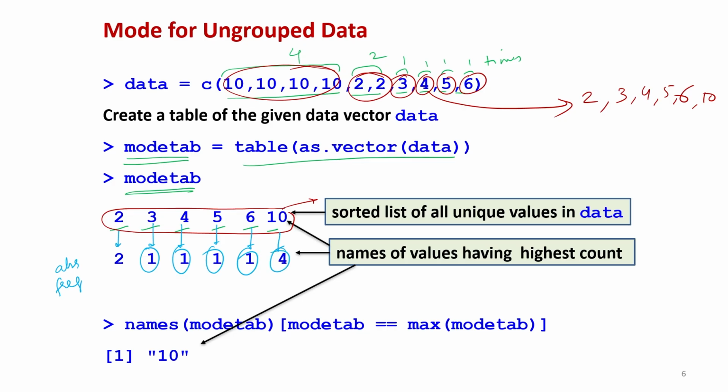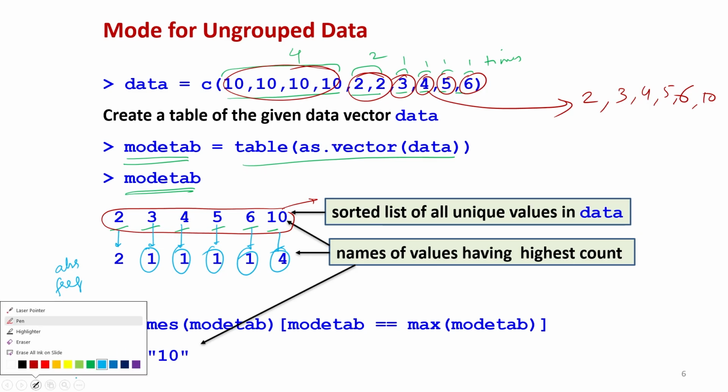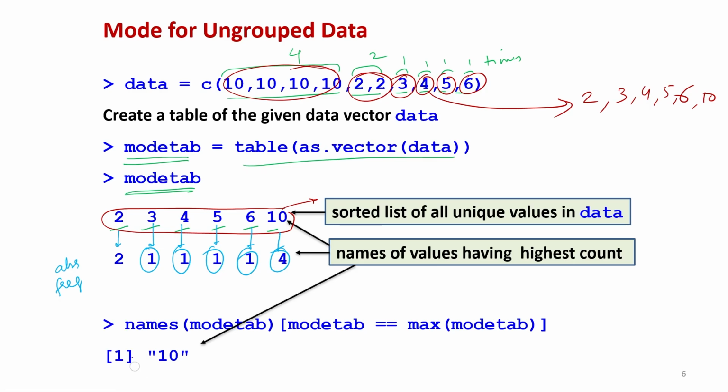Now, the definition of the mode is the value which occurs the most. The value occurring most often has frequency 4, and the corresponding value is 10. So 10 is the mode. To obtain this, we say: please find the name of the data vector mode tab where the mode tab is logically equal to the maximum value in mode tab.